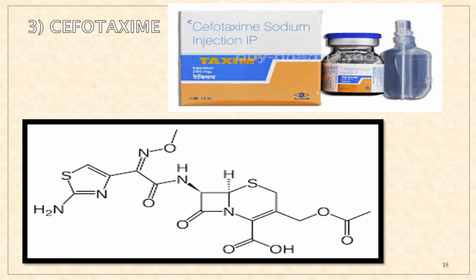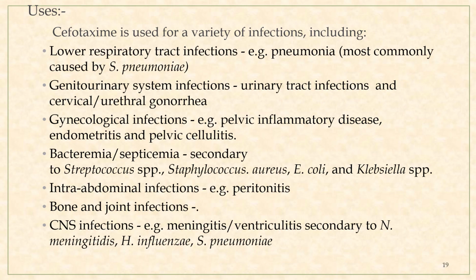A substituted thiazole nucleus is present, with an NH2 group at the second position and an oximino group at the fourth position. Cefotaxime is used for a variety of infections, including lower respiratory tract infections, genitourinary system infections, gynecological infections, bacteremia or septicemia, intra-abdominal infections, bone and joint infections, and CNS infections.